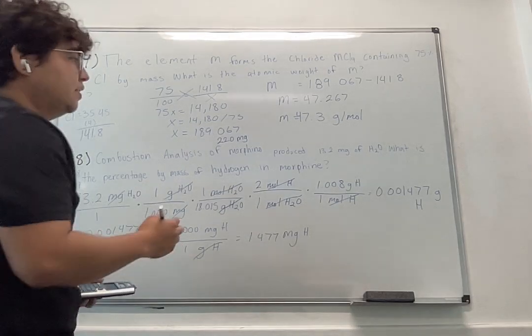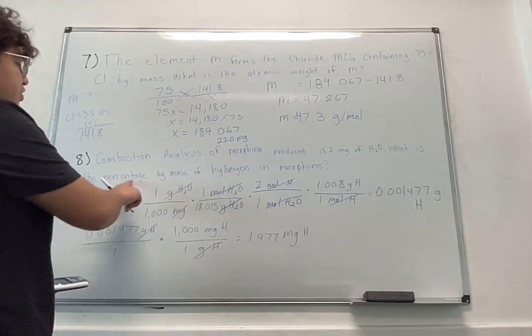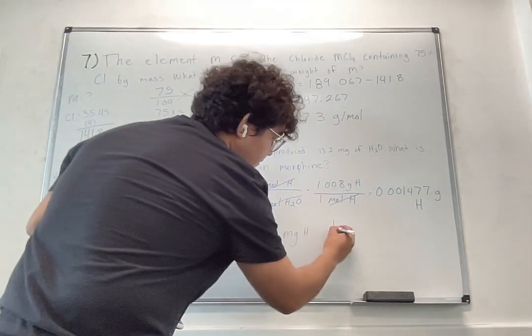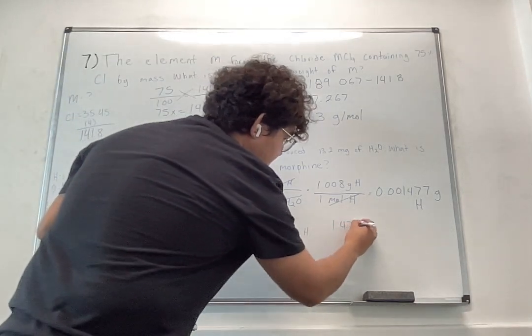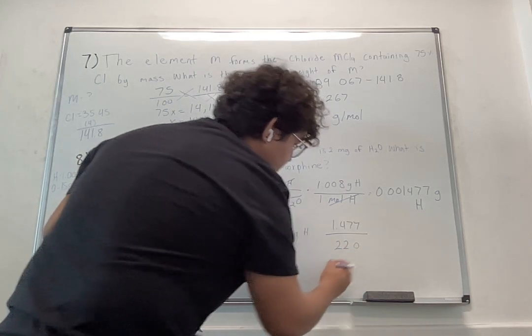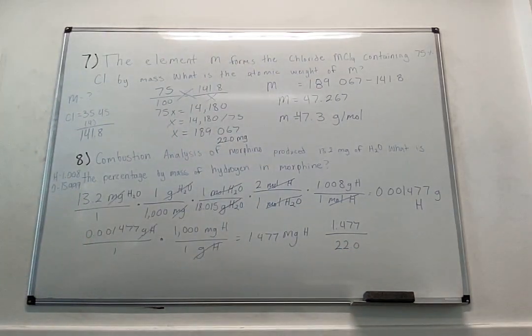Okay, so we got milligrams of hydrogen, we got milligrams of morphine. Now we can actually find what we want to look for, percentage by mass. So we put over here 1.477 over 22, mass of hydrogen over the total mass of morphine, which is 22 milligrams, should give us a decimal. To turn this decimal into a percentage, all you have to do is multiply times 100.